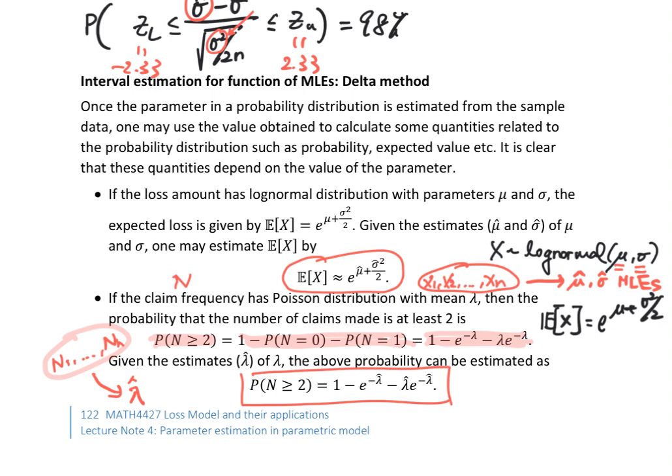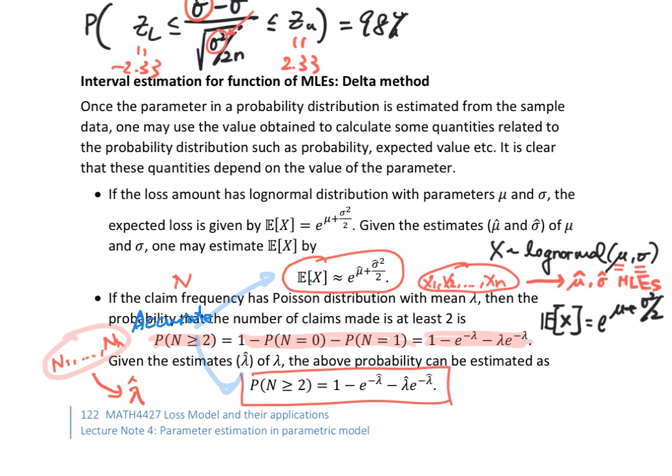Now, one question people will ask is about the accuracy of this estimate. Is it accurate? Because when we estimate this true quantity, we replace the true parameter by the MLE.